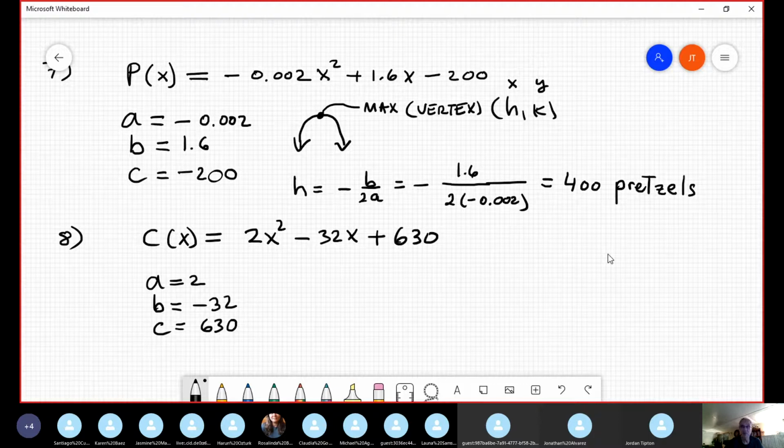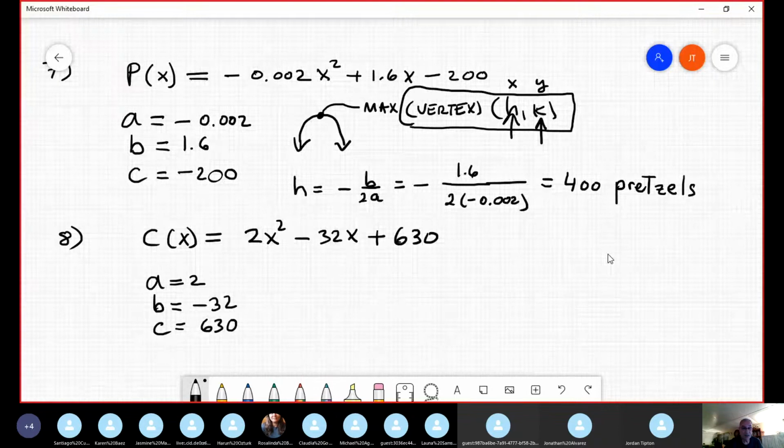And remember, in the formula for the vertex we have two parameters, h and k. h in the previous problem represented bracelets, and k I didn't care about. But in this problem x represents videos, and k represents money, because this money is a cost.